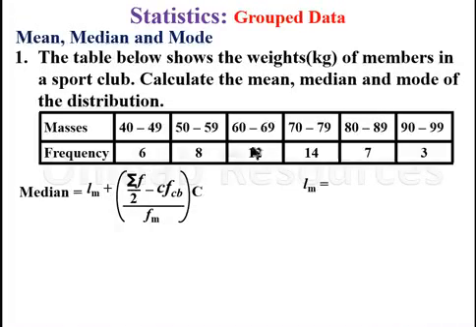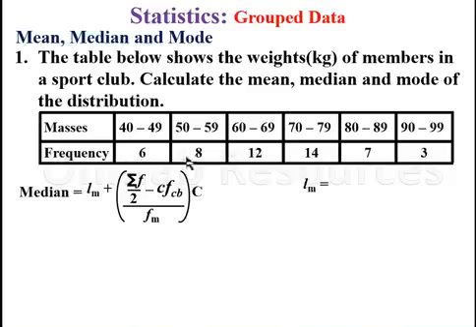First, we have to identify the median class. Since there are 50 members in the club, the 25th and 26th members will be in the middle, since the data has been arranged in ascending order. So we add and see where 25 and 26 will be accommodated within the frequency.